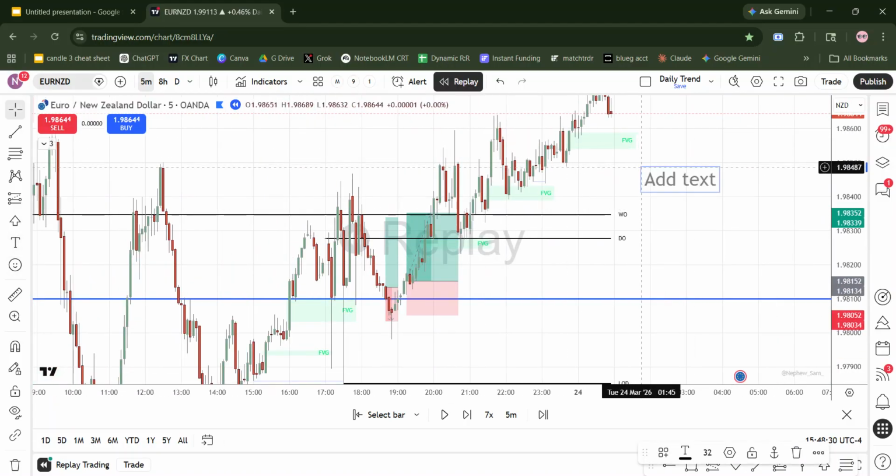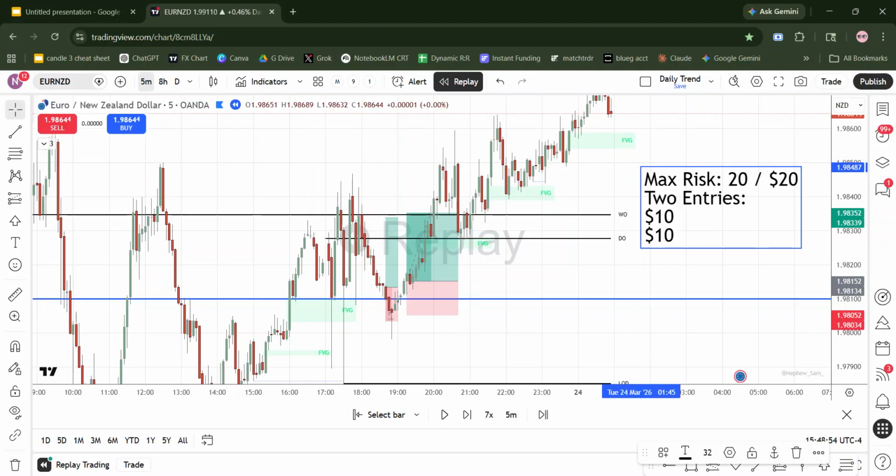So we know that our max risk is 20 pips, or let's just say, to keep it simple, $1 per pip, 20 bucks. All right. But now what we've done is, now that we have two entries, one entry is worth 10 if we lose, and the other one is worth 10 if we lose, right? Okay, that's worst case scenario. So our max risk did not go down. It's still at $20, even though we have two entries.